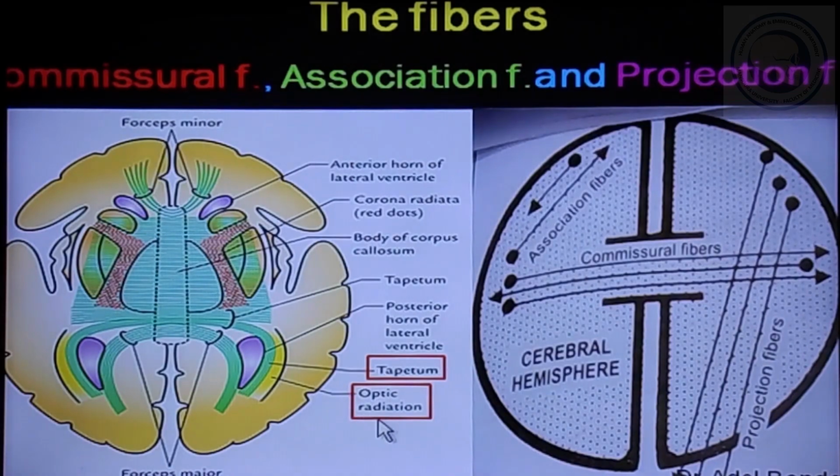Optic radiation starts at the lateral geniculate body and terminates in area 17, or the primary visual area. And lateral to optic radiation, you will find an example of association fibers called inferior longitudinal fasciculus. It connects the temporal with the occipital lobe. So, usually, when you find the tapetum, you will find lateral to it optic radiation and the inferior longitudinal fasciculus. So remember the word TOI.